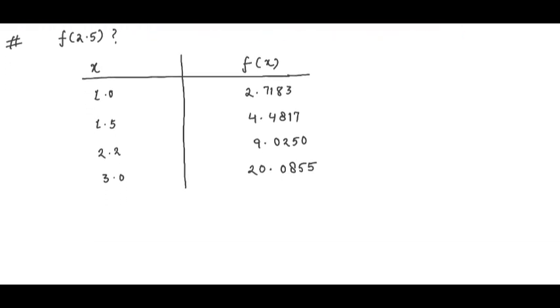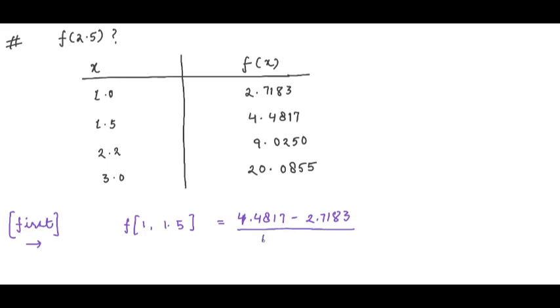So let's construct the divided difference table. For that, we have f[1, 1.5] as (4.4817 minus 2.7183) divided by (1.5 minus 1), which is 3.5268.